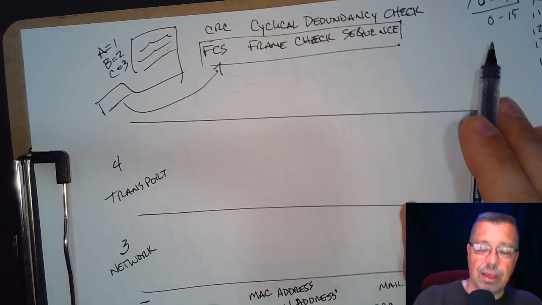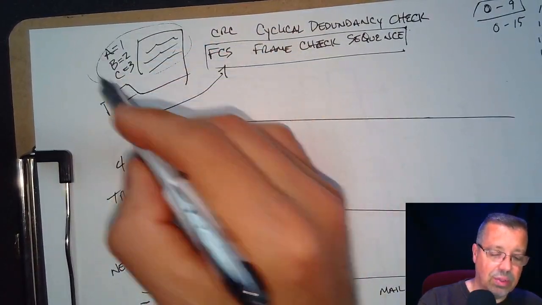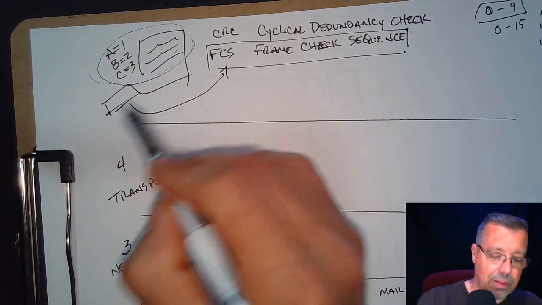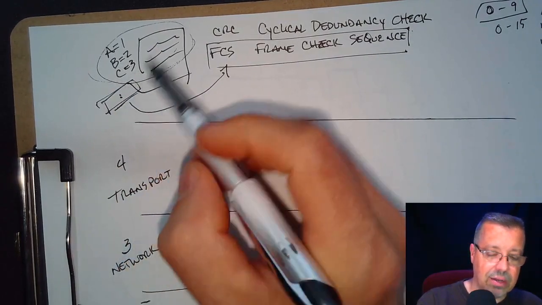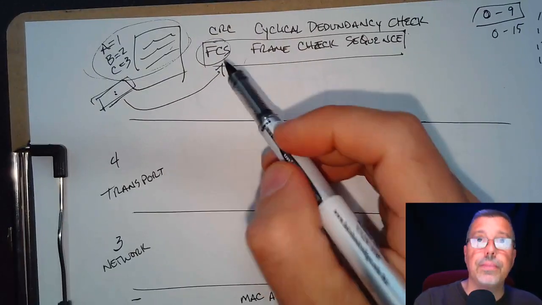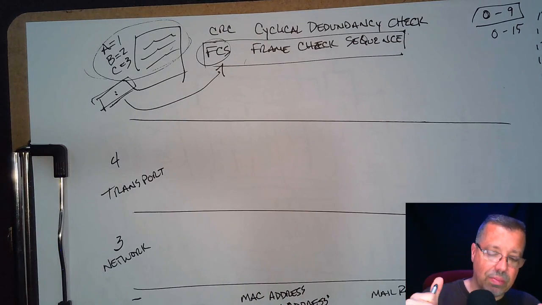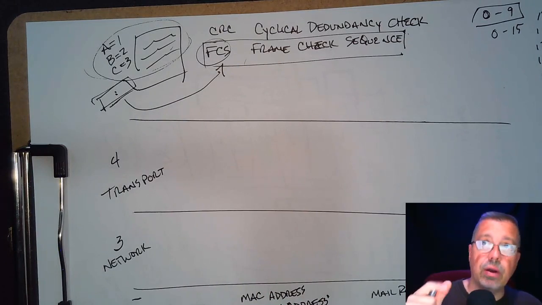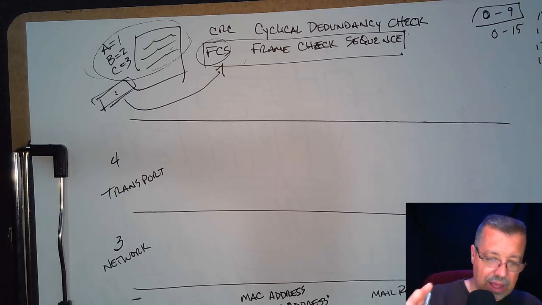When it gets sent to the other side, the receiving end uses its CRC to do the exact same thing, comes up with a total, and compares it to the one inside the frame check sequence. If they match, we know we got the whole message. If they don't match, there was some type of error. Either something got added, changed, dropped, but it's not a valid packet.